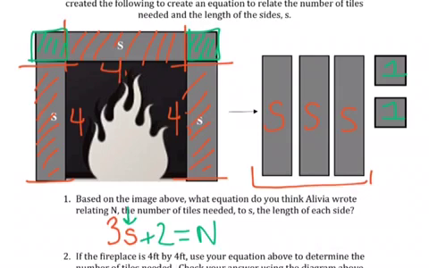Foot. I'm going to need 4 tiles to cover this part that I highlighted. So I need 4 there, 4 here. So 1, 2, 3. 4.